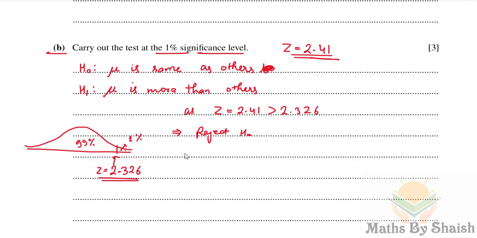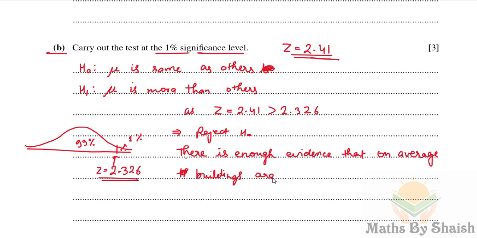Or we can say that there is enough evidence that the height is not the same as the other buildings. Or in terms of the investigation, there is enough evidence that on average the mean height of the buildings is more, or we can say buildings are higher.